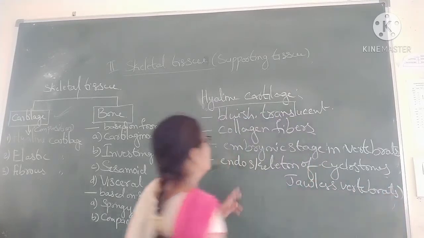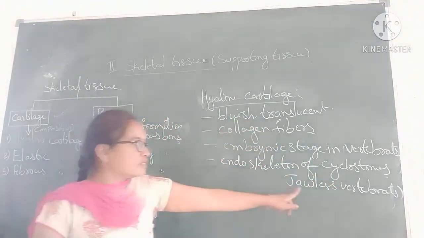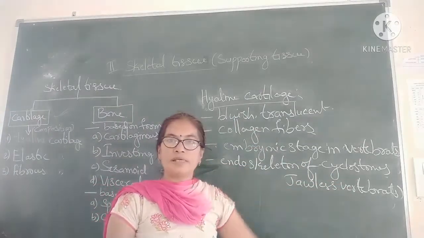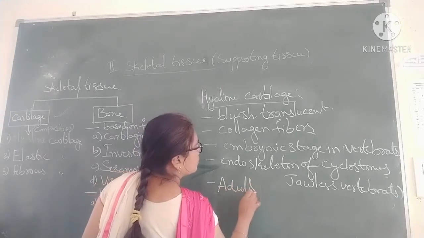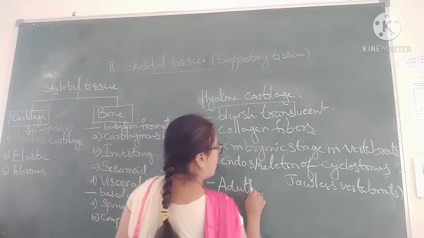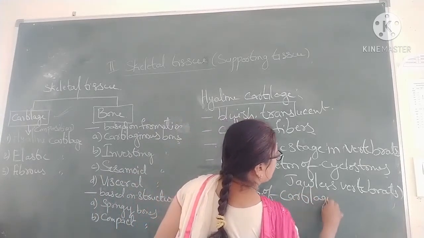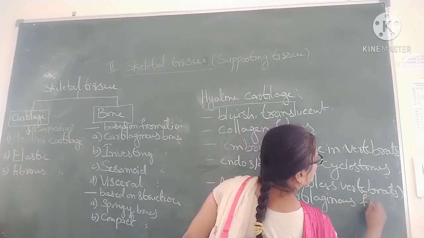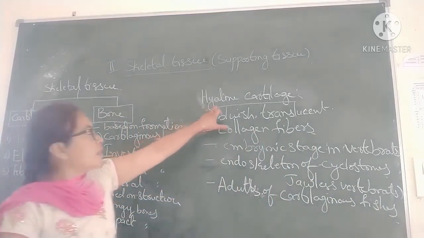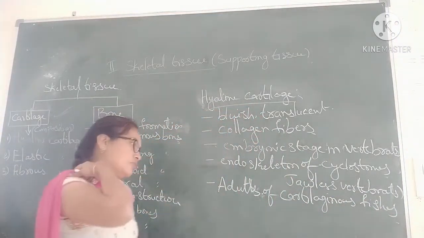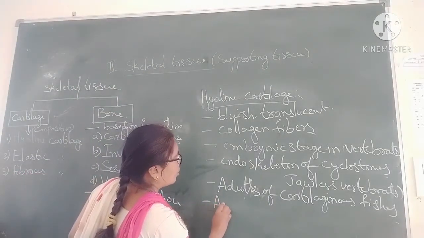The endoskeleton of cyclostomes also contains hyaline cartilage. It is also present in the adults of cartilaginous fishes, and it forms the articular cartilage.